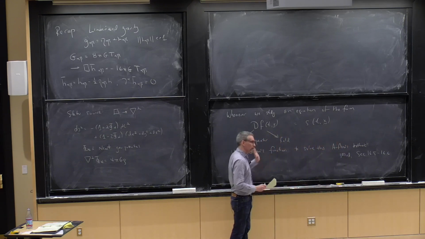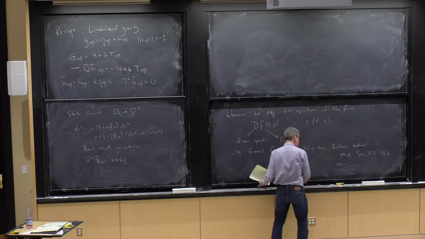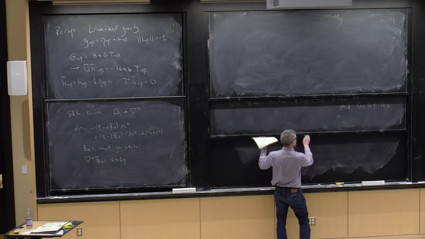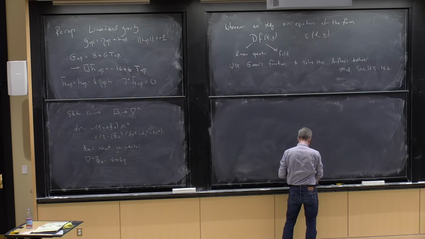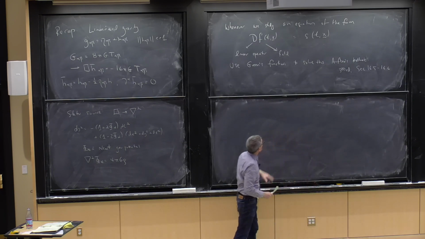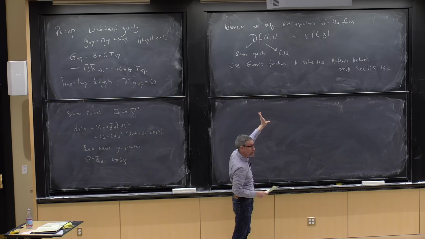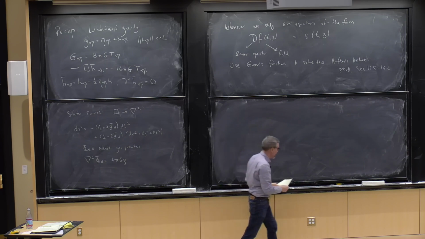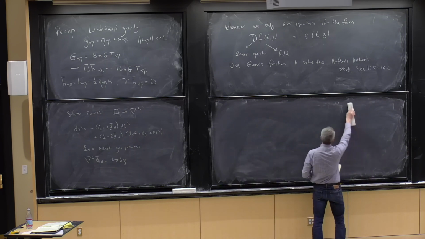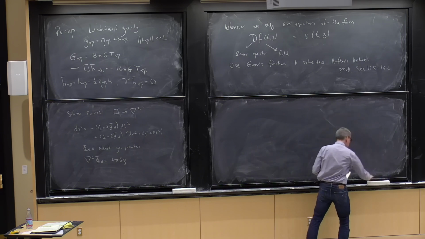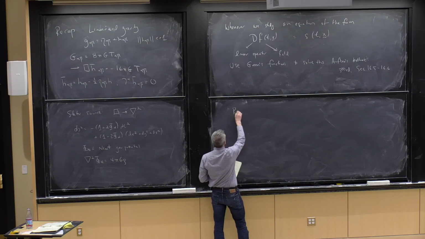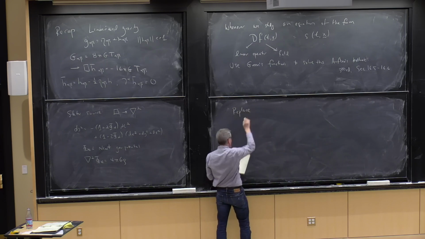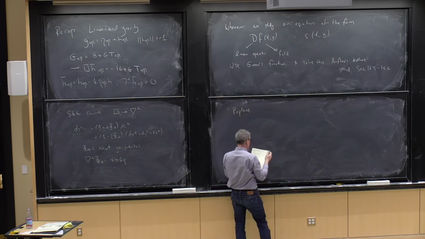So in a nutshell, let me give you a very brief synopsis of how this technique works. Suppose we take our source, which may be some complicated, very ornate entity. What we're going to do is replace that source with a delta function.